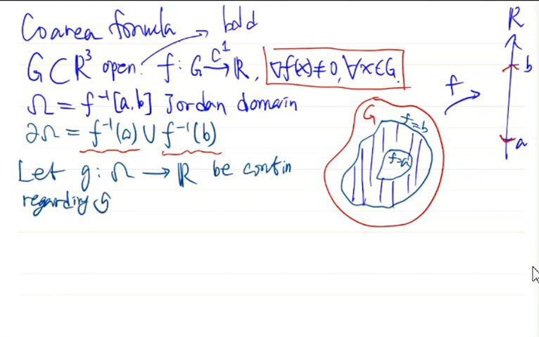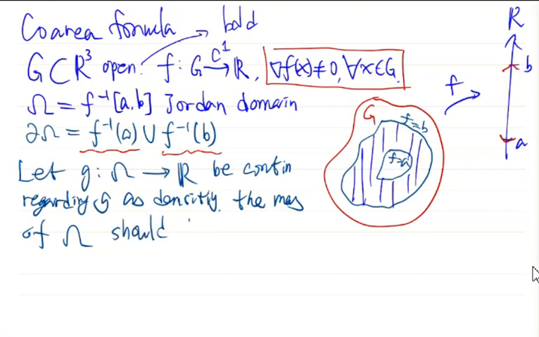Regarding G as density, the mass of omega should be the multiple integral of G. This we denote by M. So on the one hand, the multiple integral of G over the Jordan domain omega is the total mass of this domain.